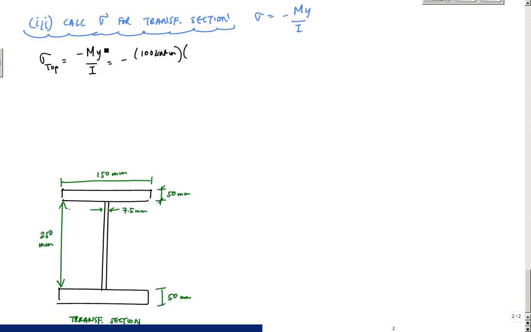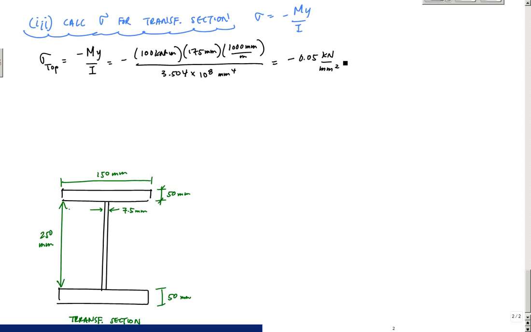The distance from the neutral axis to the top is 175 millimeters. I want to convert all my units, especially the meters, into millimeters. So 1,000 millimeters per meter, divided by the moment of inertia, which was 3.504 times 10 to the 8th millimeters to the 4th.